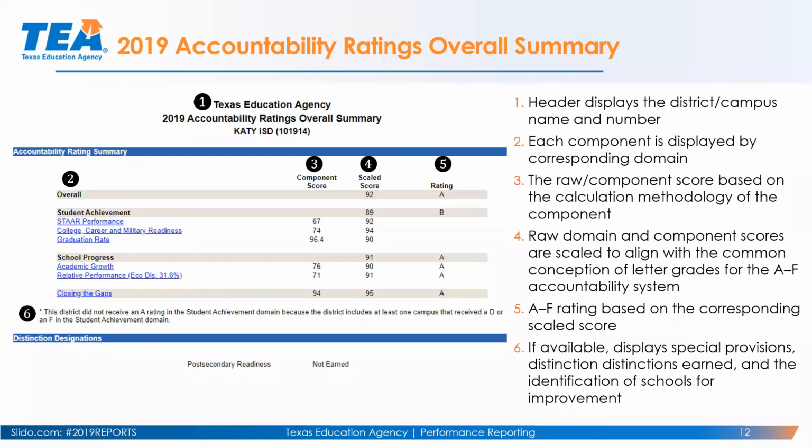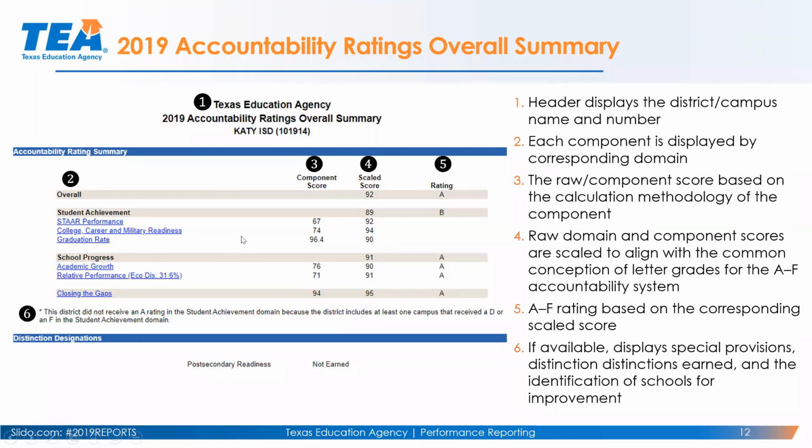That takes the raw domain or the component score and then scales it to the common conception of letter grades for the A through F accountability system. 5 shows me the actual A through F rating label based on the scaled score.